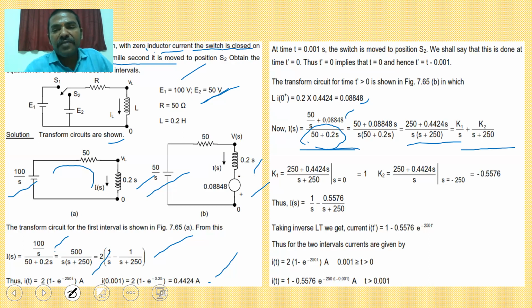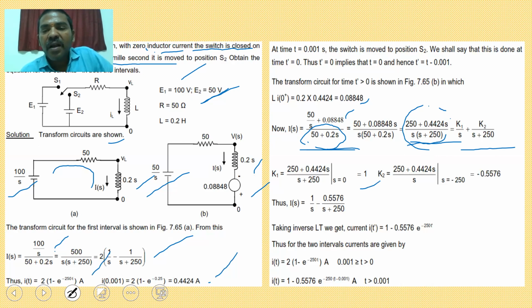So this is your I of s value: 250 plus 0.4424 s divided by s plus 250, such that s is equal to 0. So finally you are getting the value 1 by substituting s is equal to 0.